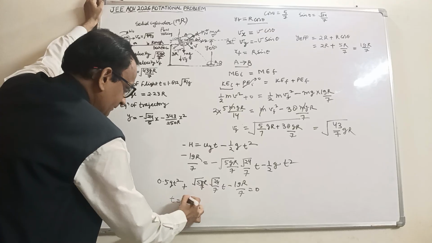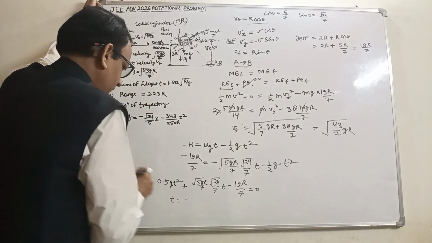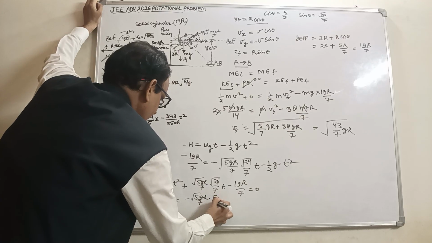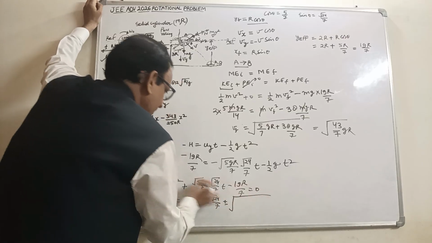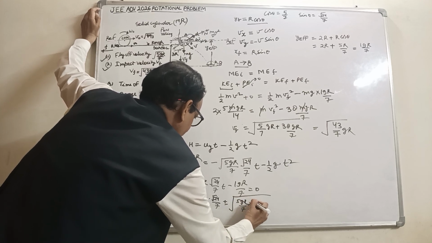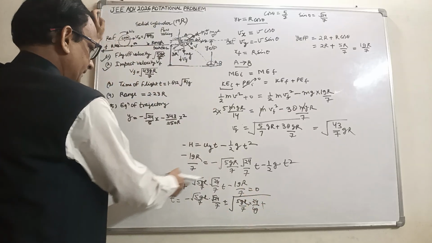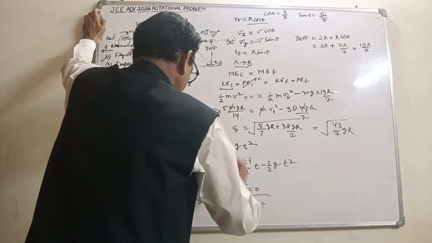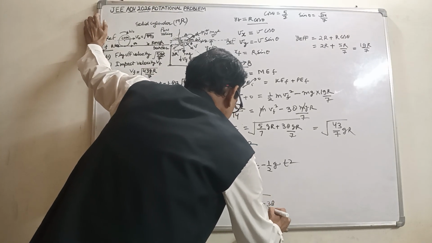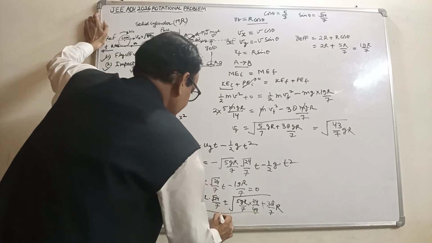The time would be minus b plus or minus root of b square minus 4ac, upon 2a, where 2 into a becomes g.